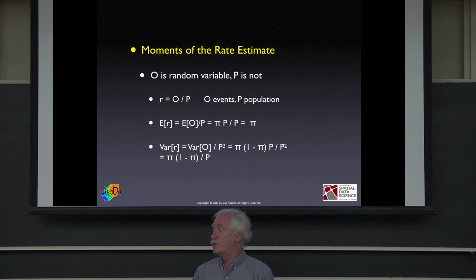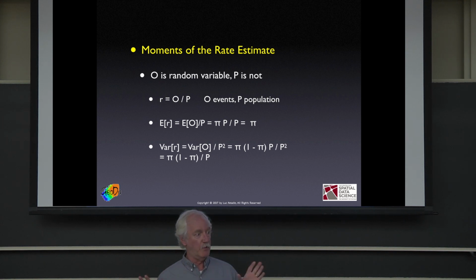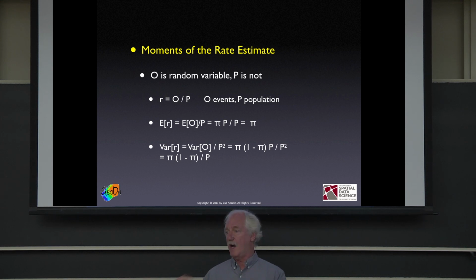So on average, the rate, the ratio of the number of events over the population, is correct. It has the actual underlying risk pi, which we don't observe, on average, right? That's why it's called unbiased. On average, it's right.